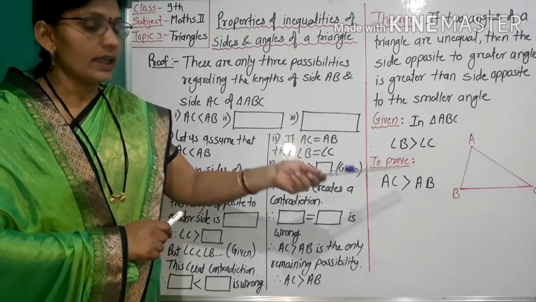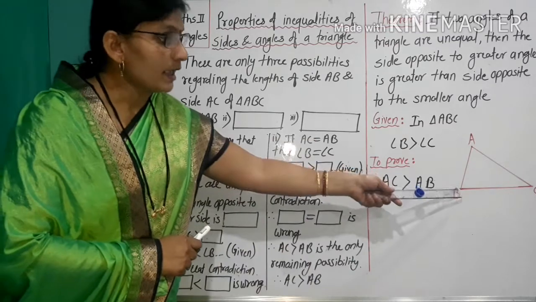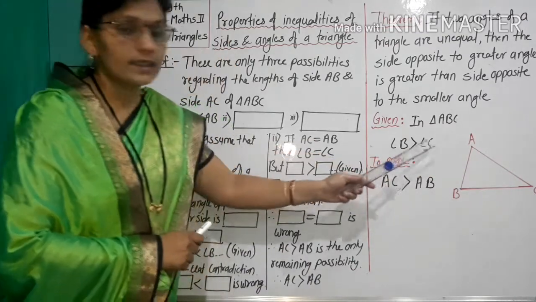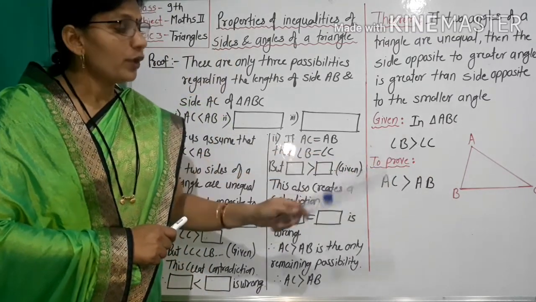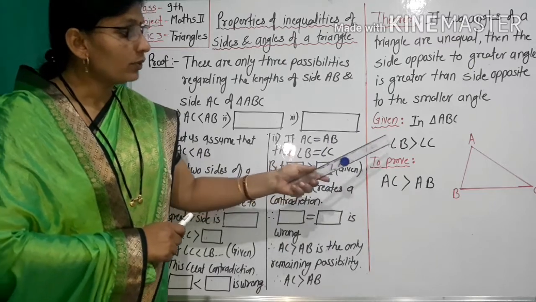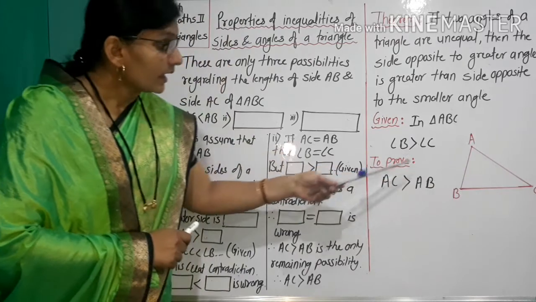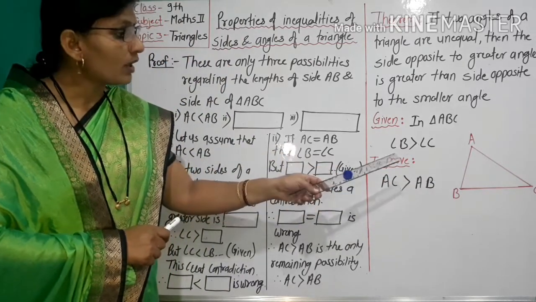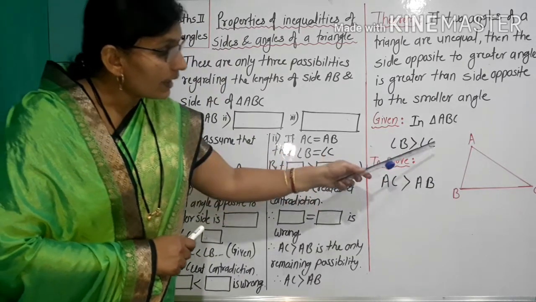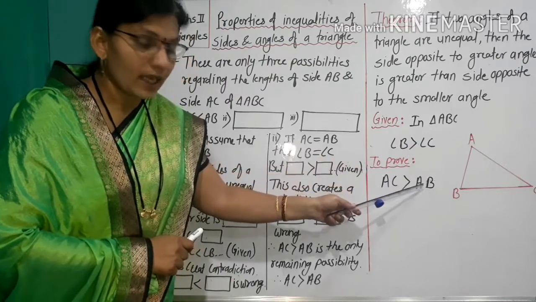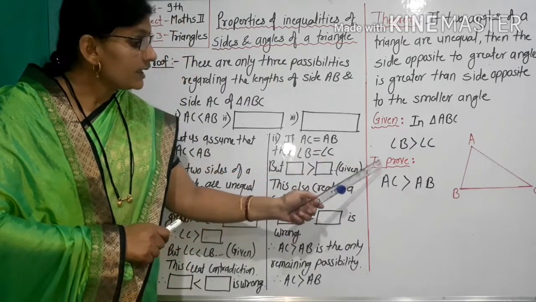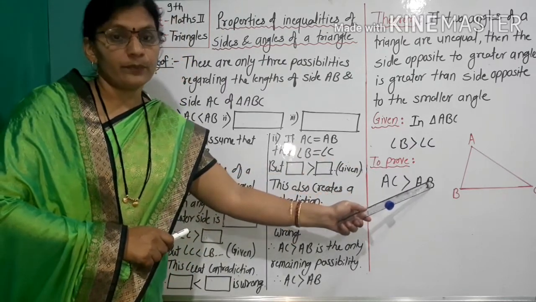Here in triangle ABC, angle B is greater than angle C. This is given. And we have to prove that the side opposite to the greater angle B, meaning AC, is greater than the side opposite to the smaller angle C, whose opposite side is AB. Therefore, to prove that AC is greater than AB.